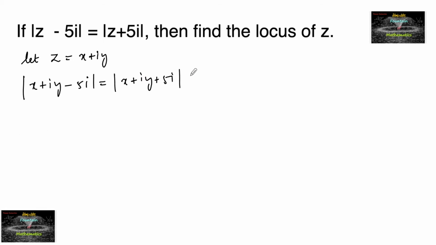So we can write it as mod of x plus i times of y minus 5 is equal to modulus of x plus i times of y plus 5.